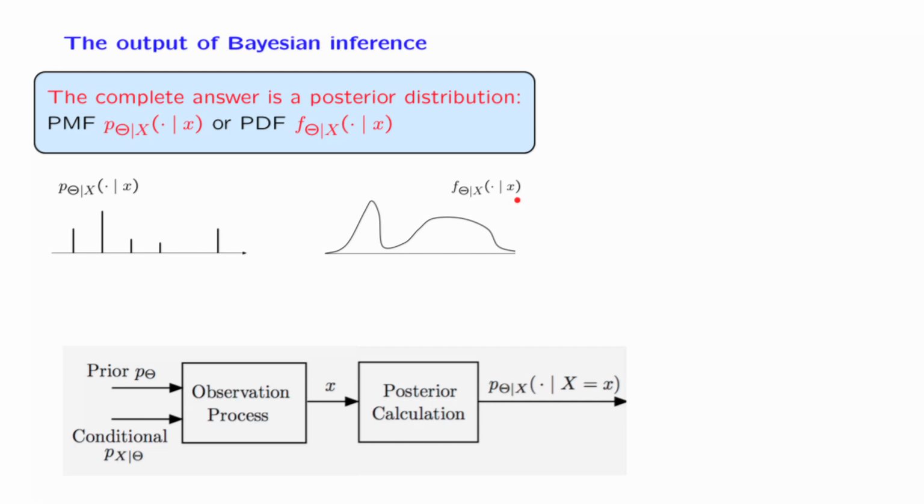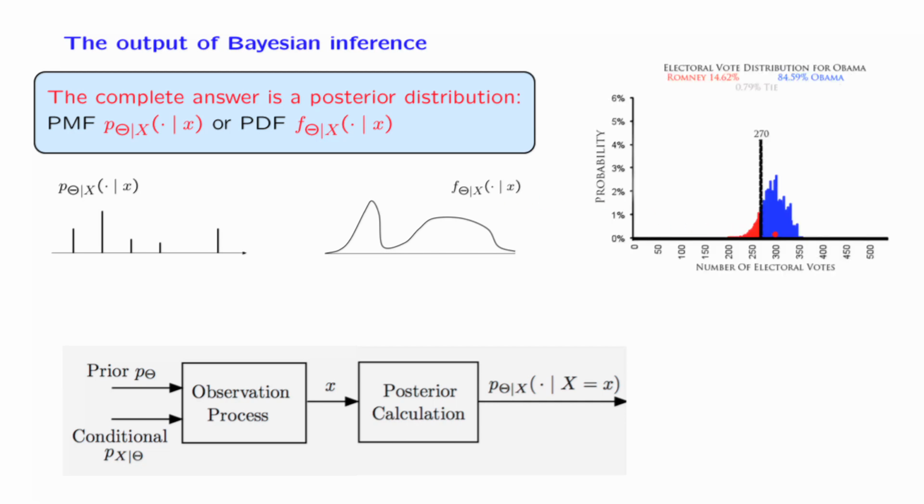One possible prediction could be a statement that I predict that candidate A will win. But actually, a more complete presentation of the results of a poll could be a diagram of this kind, which is essentially a PMF. Here, a particular pollster collected all the data and gave the posterior probability distribution for the different possible numbers of electoral votes.